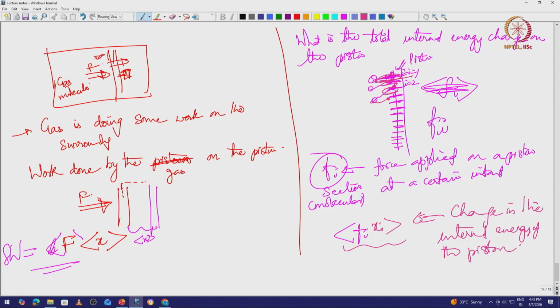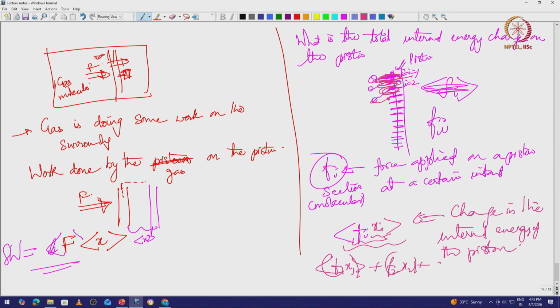But everything is displacing to a certain extent xi. So, Fi xi is the total work done on one piston molecule. F1 x1 is the first piston molecule, F2 x2 is the second piston molecule.